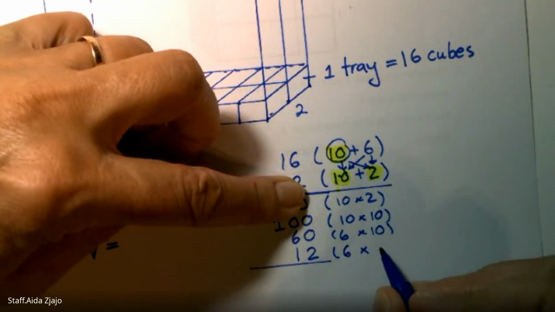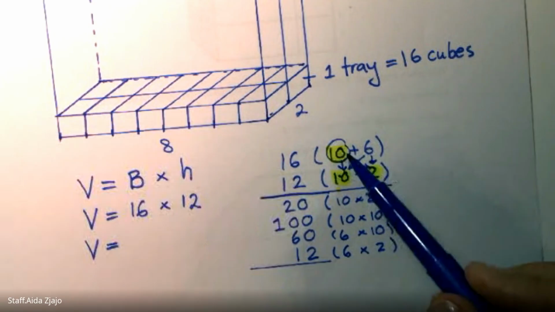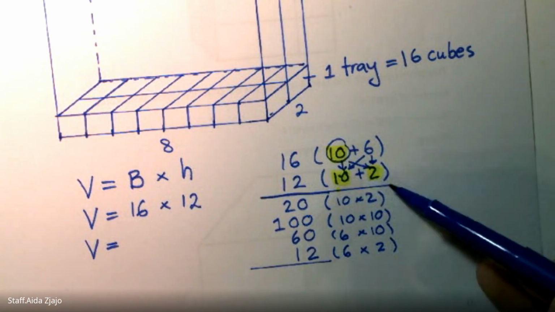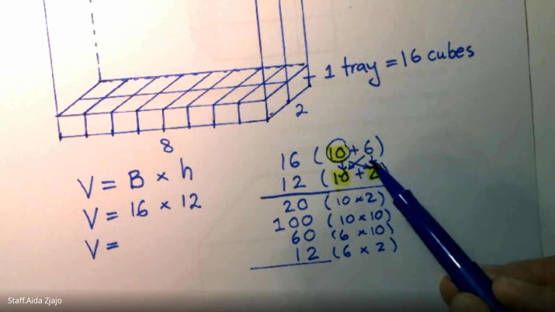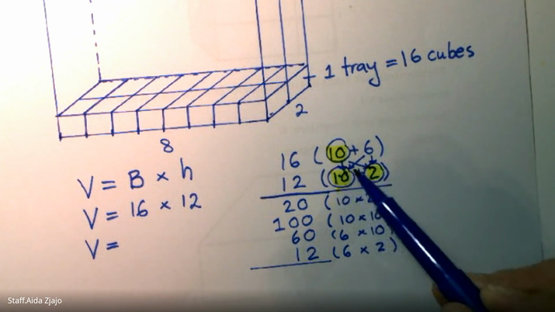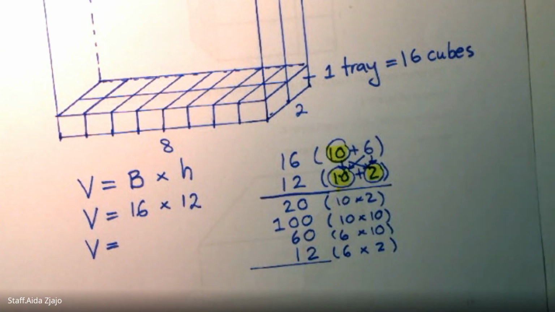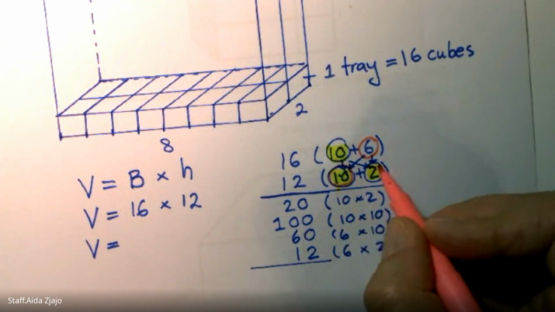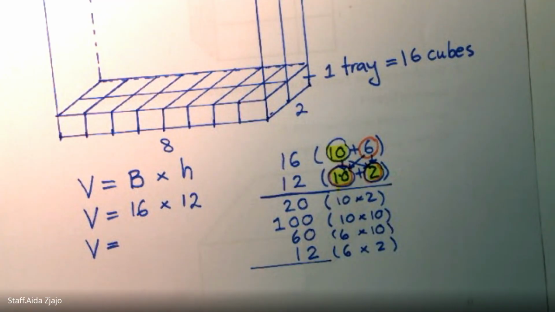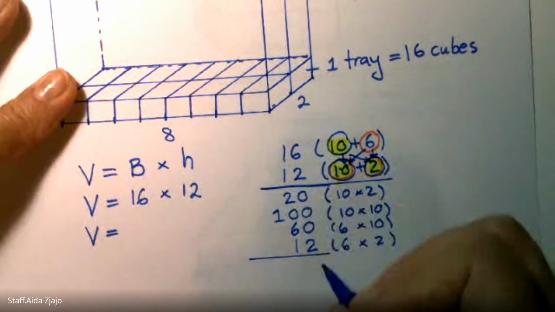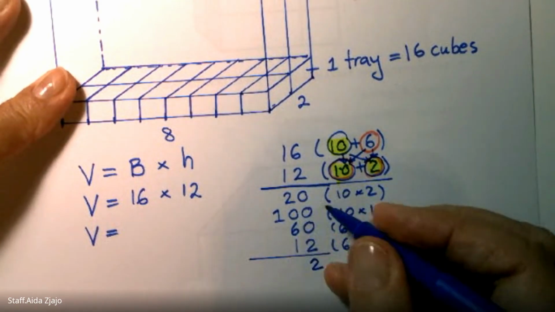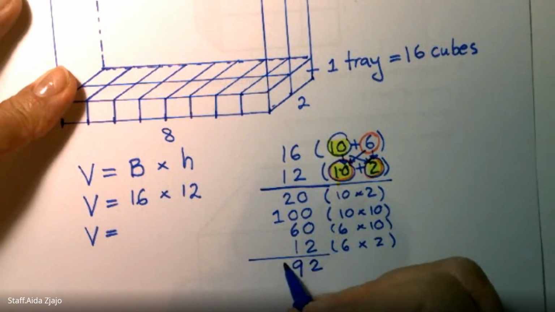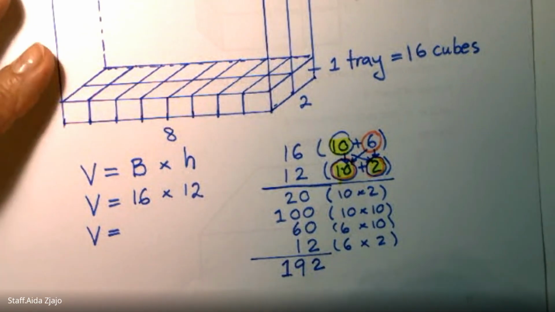Every number from one parenthesis needs to be multiplied with every number in the other parenthesis. It doesn't matter which order, because at the end the answer is going to be the same. Adding them up, there are 192 cubes.